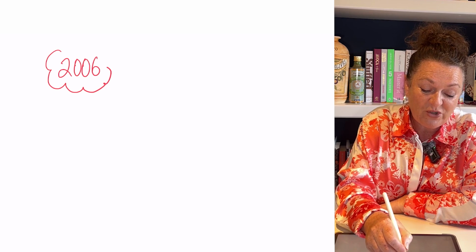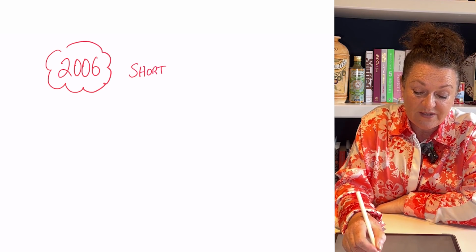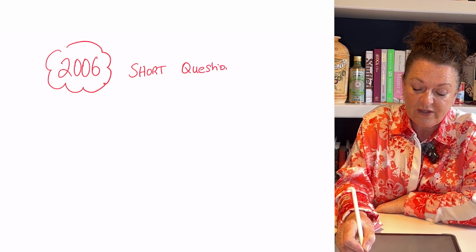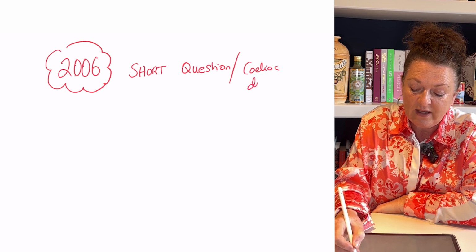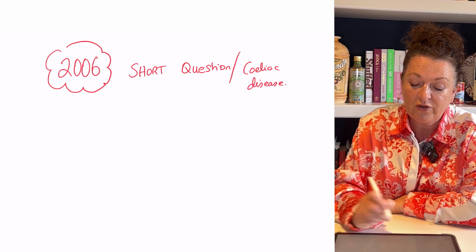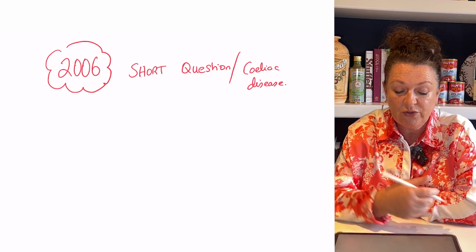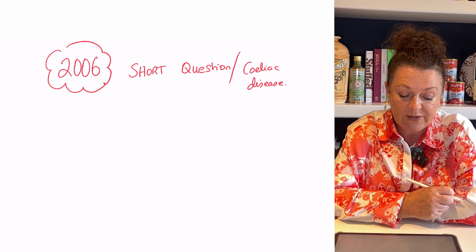Now, I'd be pushing it if I said which short question it was, but suffice to say, I do know for definite there was a short question in 2006 on celiac disease. So we might as well refer to the 3 different occasions: the long question in 22, the short question in 2018, and the short question in 2006.